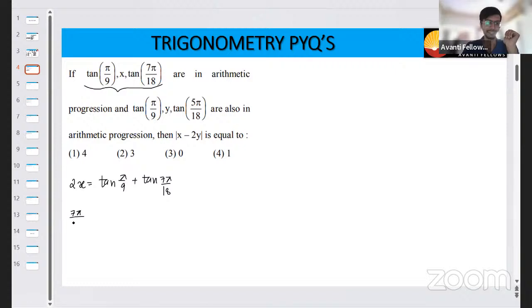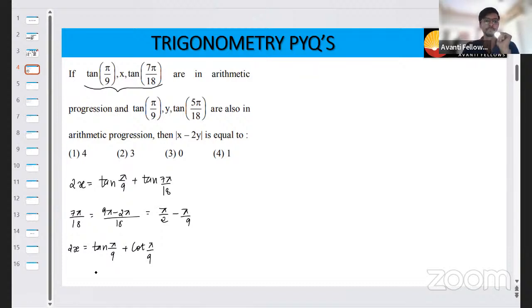7 pi by 18 can be written as 9 pi minus 2 pi by 18, which is basically pi by 2 minus pi by 9. So therefore, tan 7 pi by 18 will be cot pi by 9.